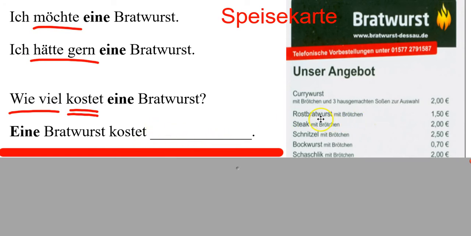So, if you look over here, this is a pretty typical Bratwurst, Rost Bratwurst mit Brötchen. So it's a roasted Bratwurst with a roll, a small roll. It's 1,50 €. So you'd write it 1,50, and then you do the euro sign.